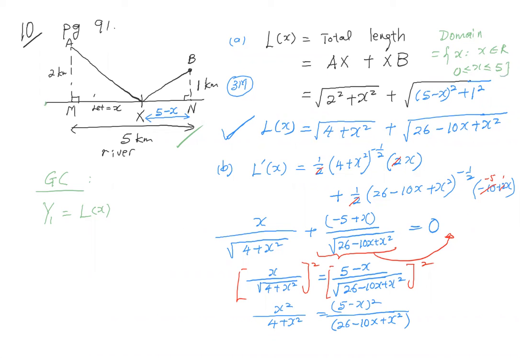So now, after you get this, you go to your GC, go to window, set the X min as 0, X max as 5, then you do a zoom fit. Then you look for the minimum point. Okay, quick and give me the answer.